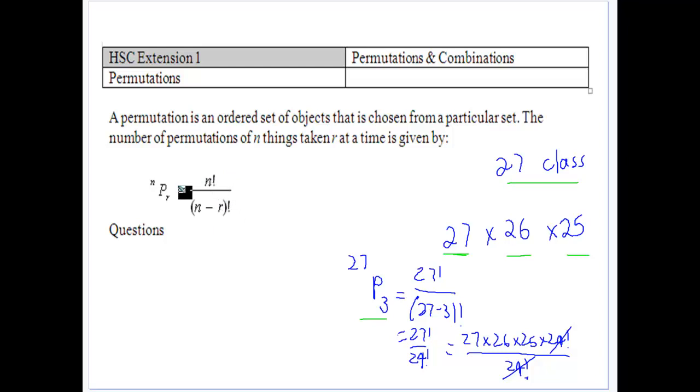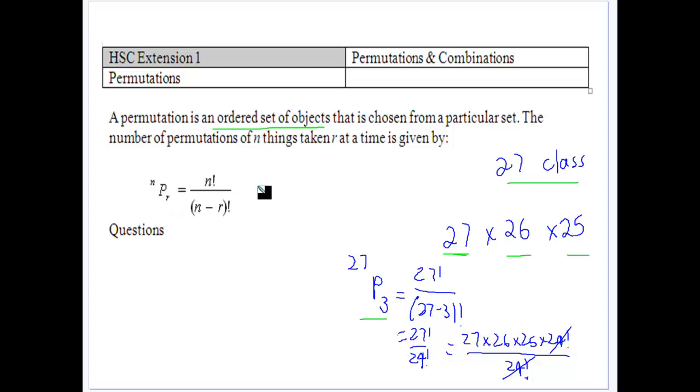The permutation is what we've just done here: how many ways can I pick groups of 3 in a particular order? With a permutation we have an order that needs to be adhered to. That's really important. With a combination, the nCr notation, order doesn't matter. We can talk about that a little bit later on.